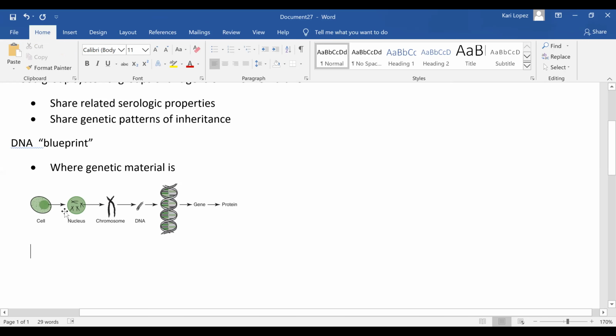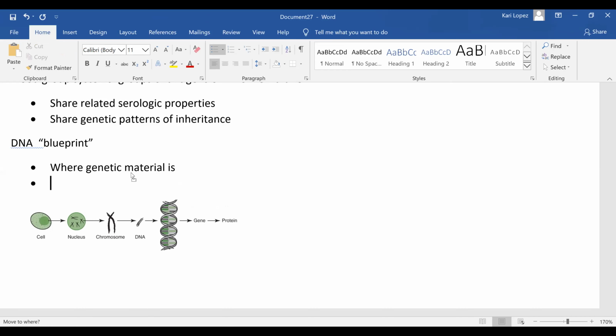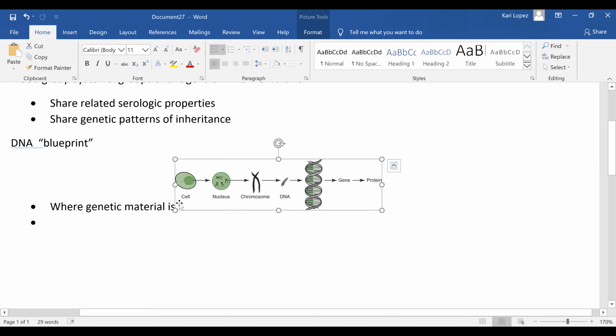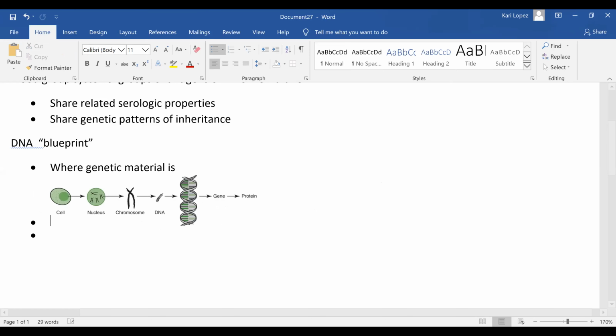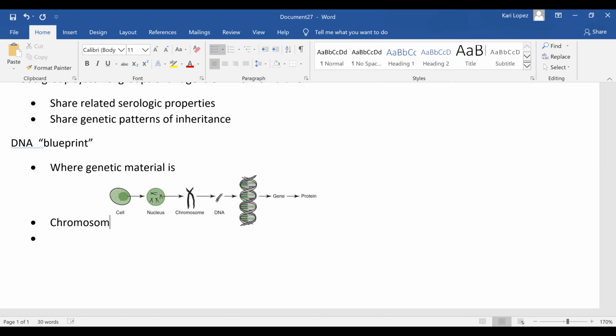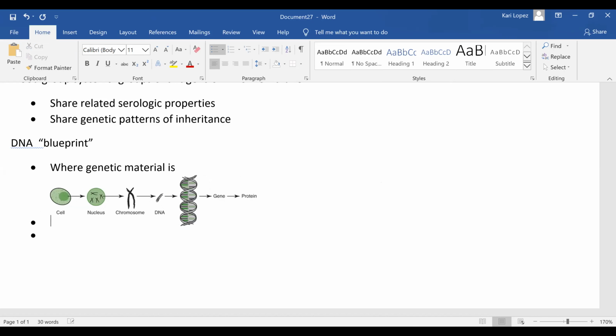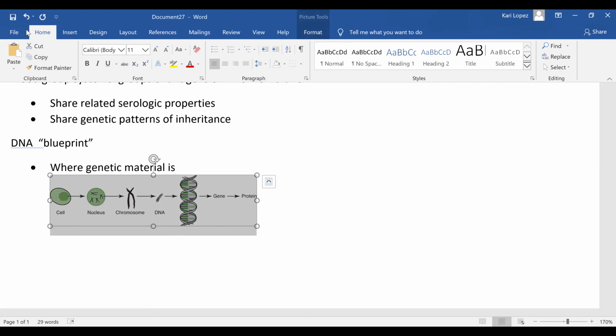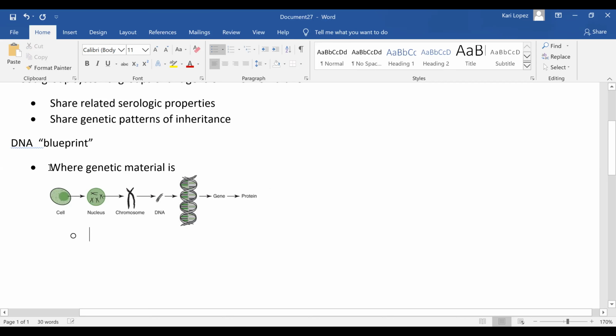So it goes from the cell to the nucleus. And then now we're going to go even deeper into the chromosome.